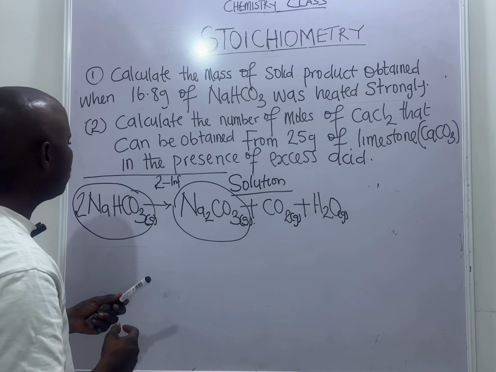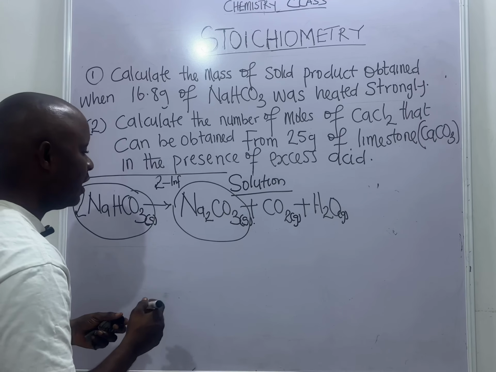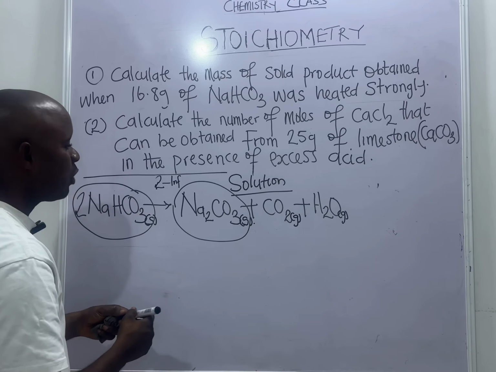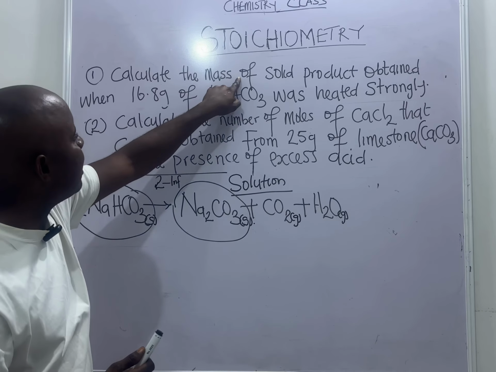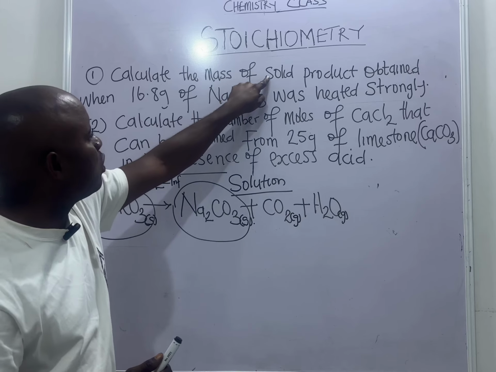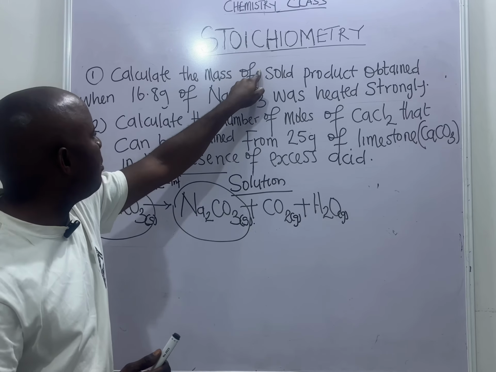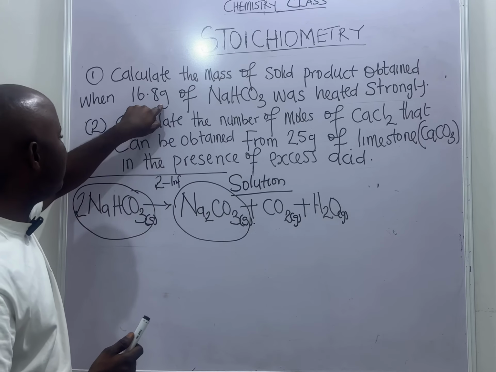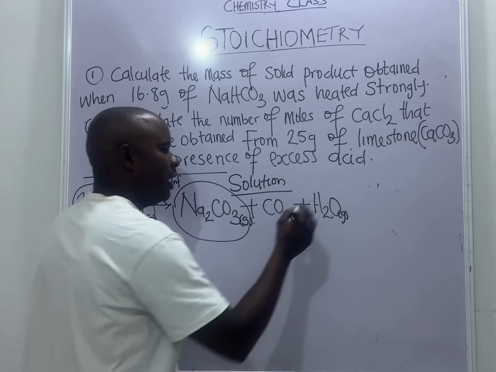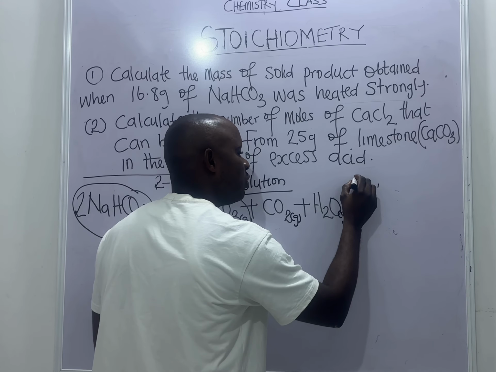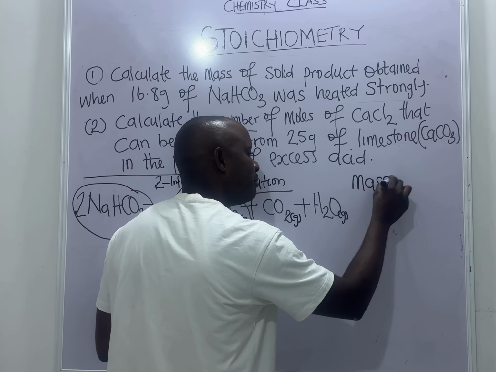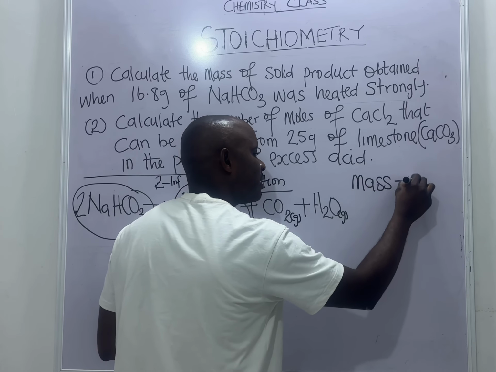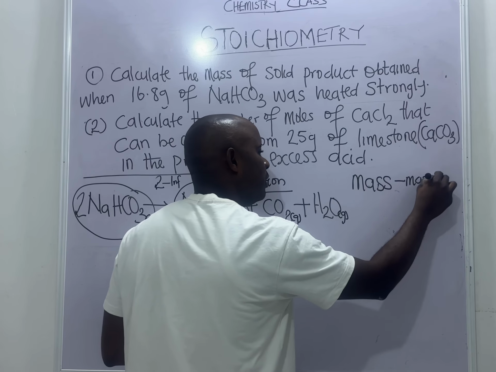The first step in calculating this kind of problem: we are asked to look for a mass, calculate the mass of solid product, and the mass of one of them is given to us. As I've said before, if a mass is given to us and we are asked to look for another mass, this is known as a mass problem.